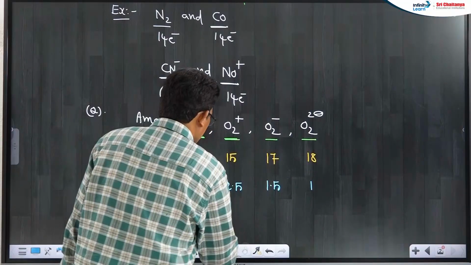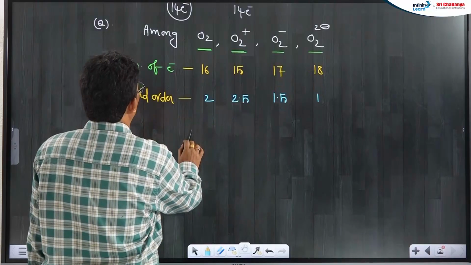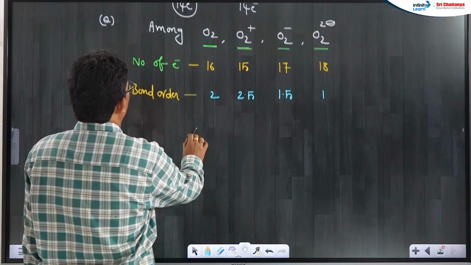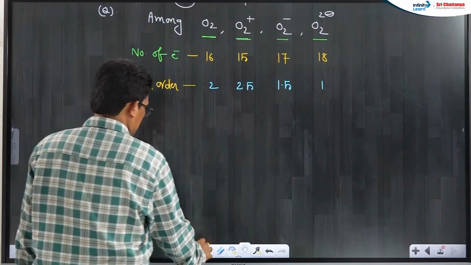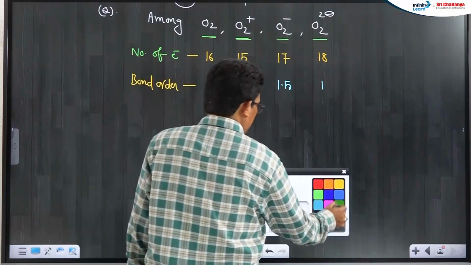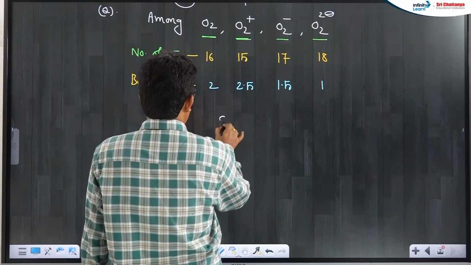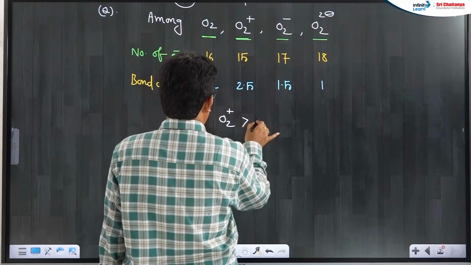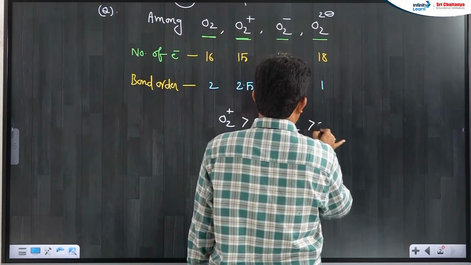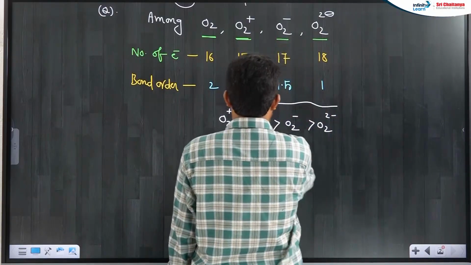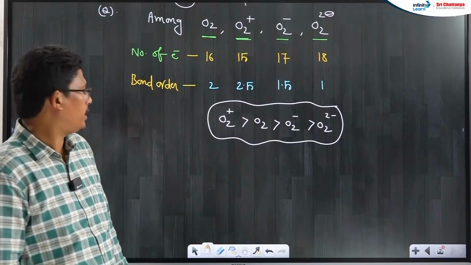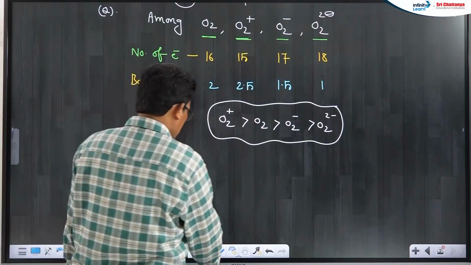O2 plus has the highest. So the correct order is O2 plus greater than O2 greater than O2 minus greater than O2 2 minus. It is the decreasing order of bond order.